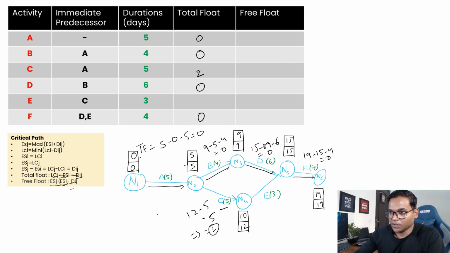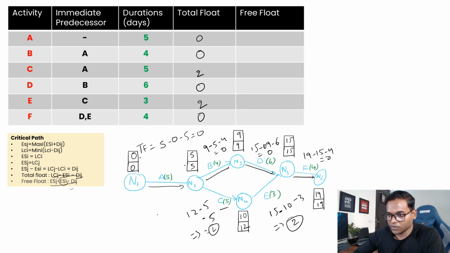Then for E, calculate the same way. Its late completion is 15, early start is 10, minus 3, it will give you basically 2. So this is your 2. Sorry, that was total float. Now let's calculate the free float.